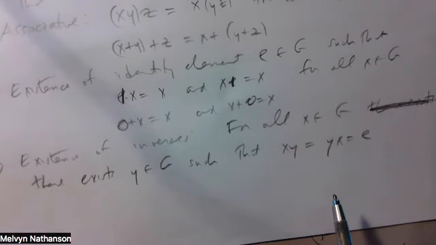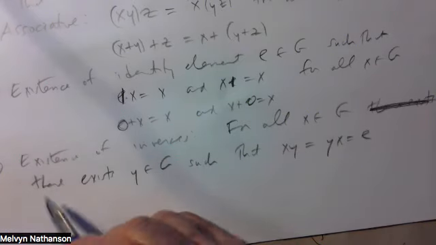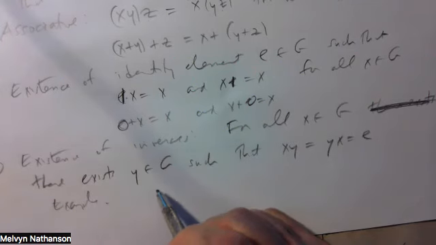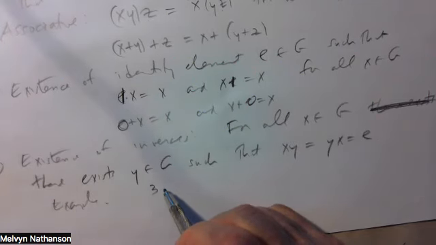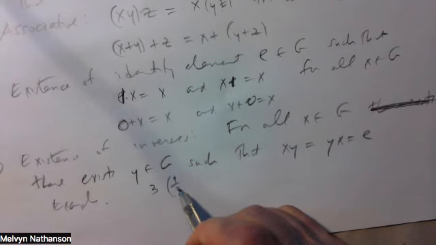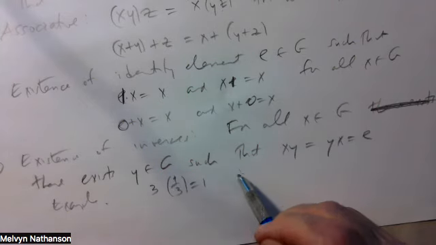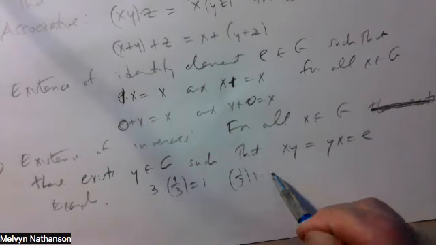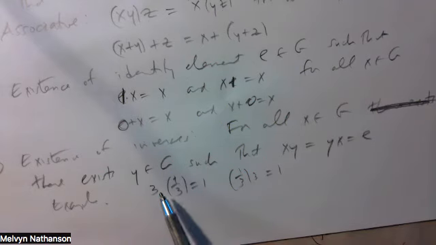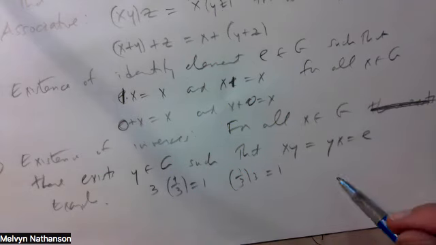So, for example, 3 times 1/3 is 1. And 1/3 times 3 is 1. So the inverse of 3 is 1/3.